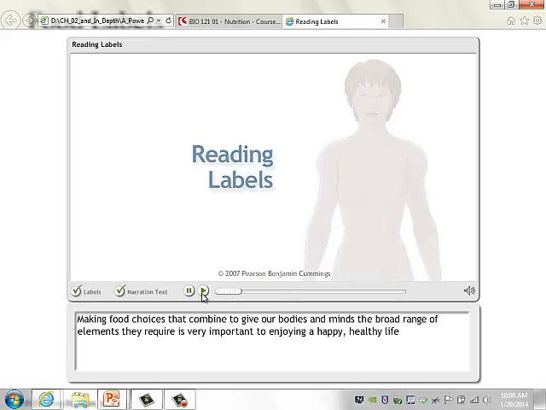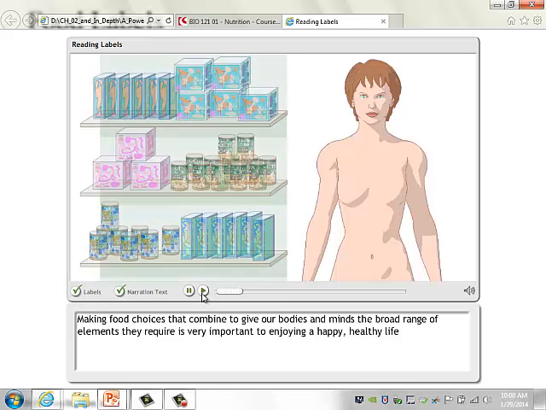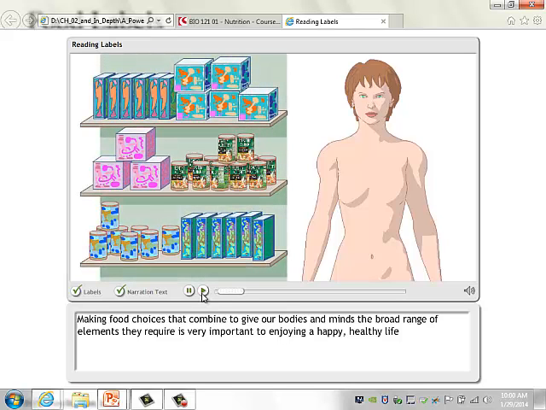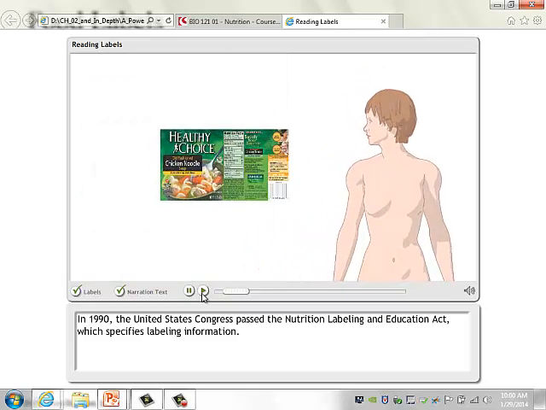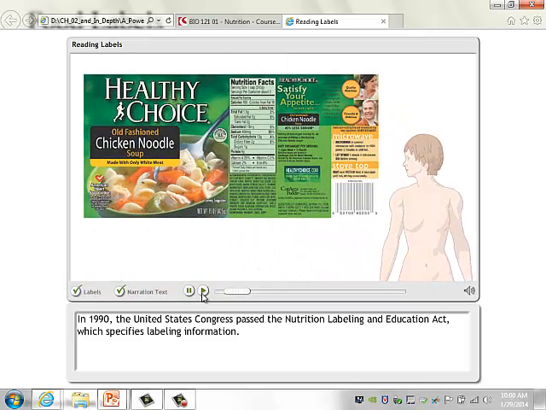Making food choices that combine to give our bodies and minds the broad range of elements they require is very important to enjoying a happy, healthy life. In 1990, the United States Congress passed the Nutrition Labeling and Education Act, which specifies labeling information.